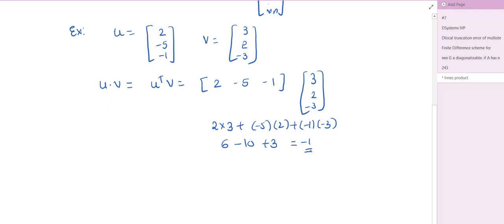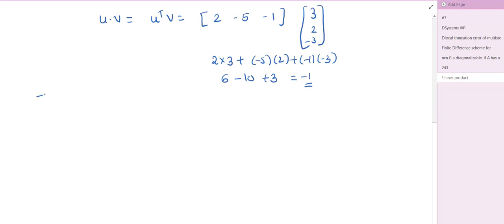So we also have the properties with respect to the dot product, like the theorem. Now we have the properties of the inner product. Say let U, V and W be vectors in Rn, and let C be any scalar.